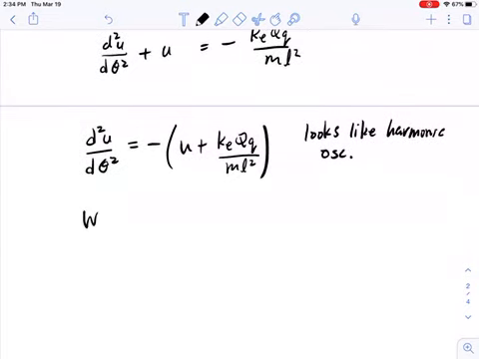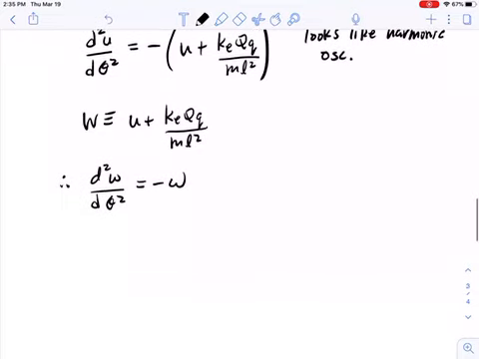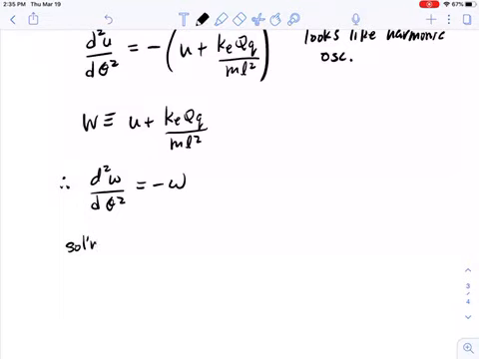So we could say W is defined to be U plus k_e q q over m l squared, and we would find that d²u/dθ² is the same thing as d²w/dθ², because when we take the derivative of u plus a constant, the constant will vanish, and we get this is equal to minus w, and our solution would be w is equal to some amplitude A cos(θ minus θ naught).